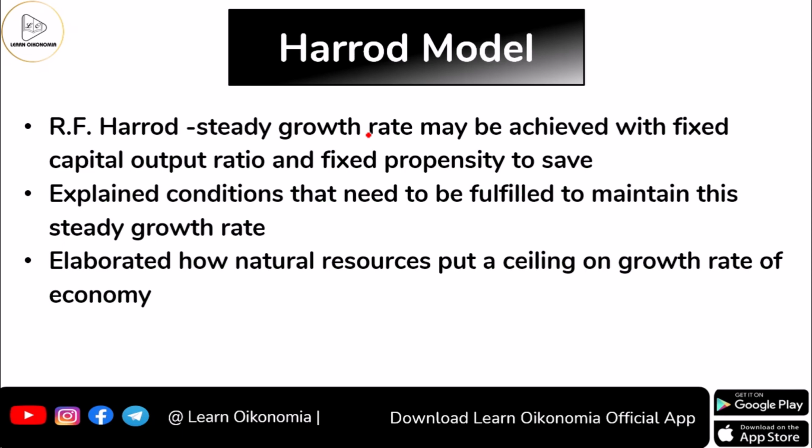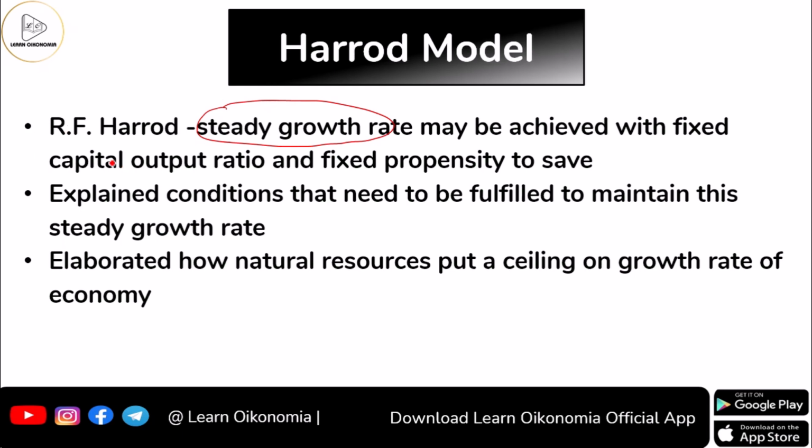Okay, so coming to the Harrod model first. This model is put forward by a very famous economist, R.F. Harrod, and he was explaining the steady growth rate in the economy, and he says that this could be attained with a fixed capital output ratio as well as a fixed propensity to save.